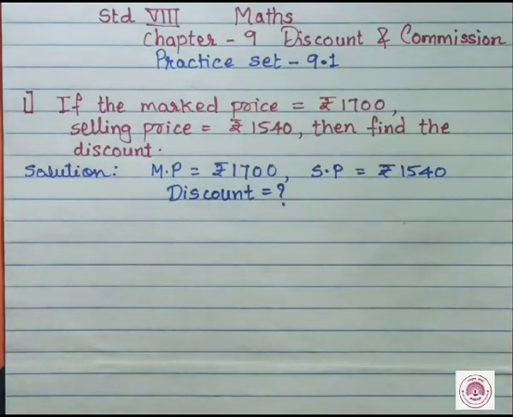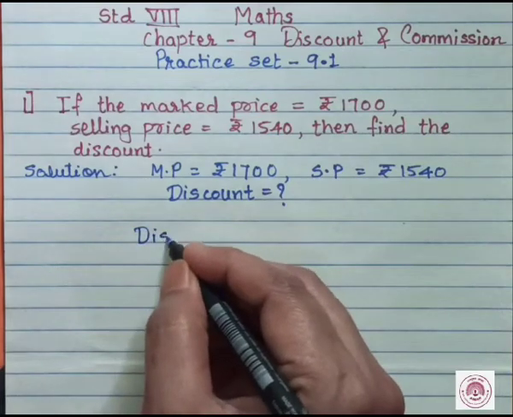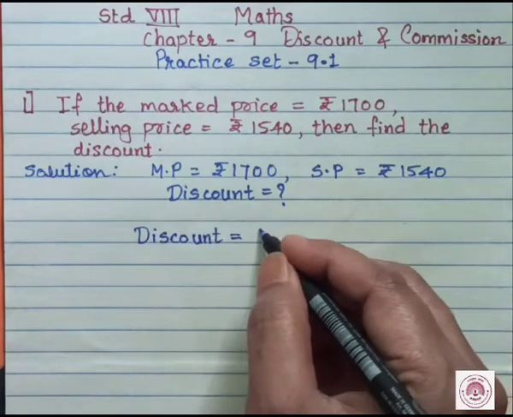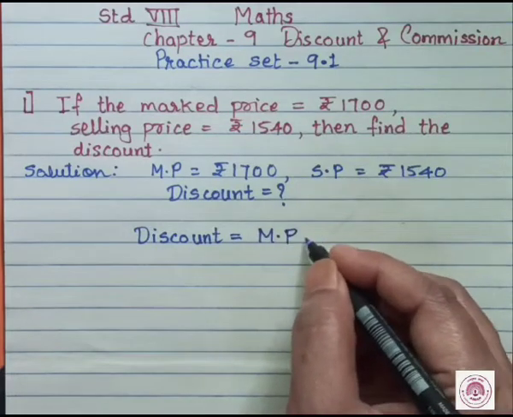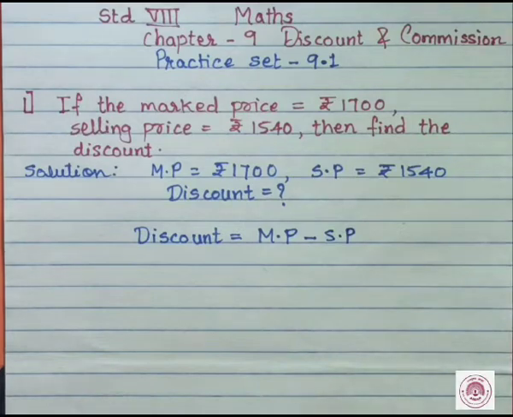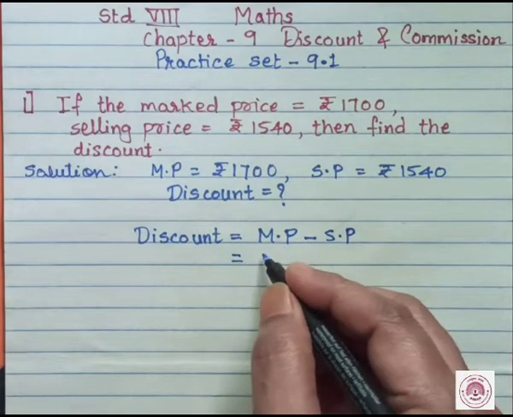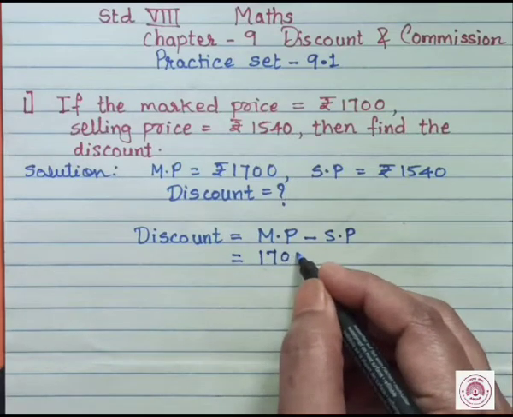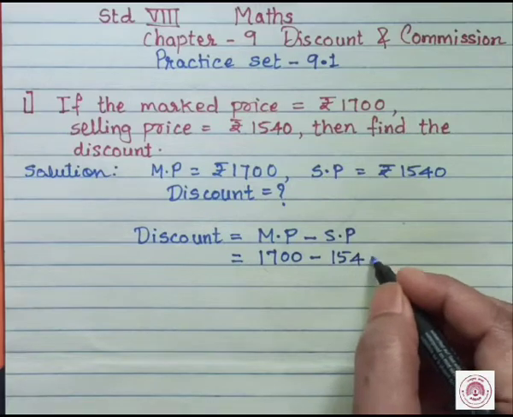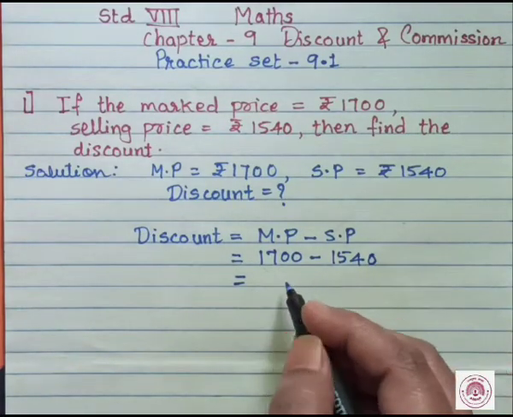Okay, now what is the formula for discount? Discount equals to marked price, that is MP, minus selling price, SP. Okay, so let's substitute the values. MP equals to 1700 minus SP equals to 1540, which is equal to 160.